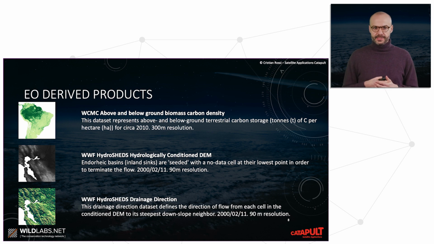There are several products from WWF linked to HydroSHEDS, so hydrologically derived parameters, such as the hydrologically conditioned DEM, the drainage direction. In this slide, there is actually at the beginning also another product, the WCMC product on below ground biomass.